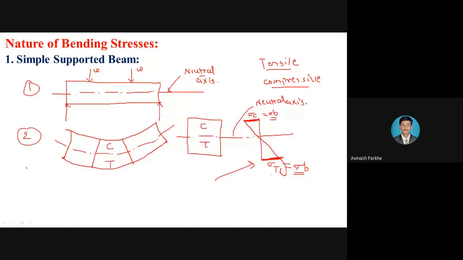And one more thing, in case of a simply supported beam, below the neutral axis, the beam is subjected to the tension, and above the neutral axis, the beam is subjected to the compression. म्हणजेच न्यूट्रल ऍक्सिसच्या वरच्या बाजूला जो काय स्ट्रेस येतोय तो स्ट्रेस कुठला असणार आहे, तर कॉम्प्रेसिव्ह स्ट्रेस असणार आहे. न्यूट्रल ऍक्सिसच्या खालच्या बाजूला जो काय स्ट्रेस असणार आहे तो स्ट्रेस कुठला असणार आहे, तर टेन्साइल स्ट्रेस असणार आहे.